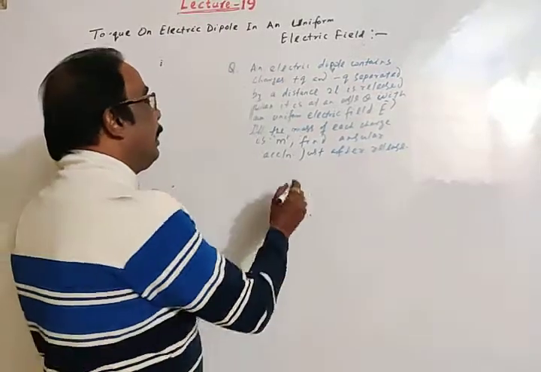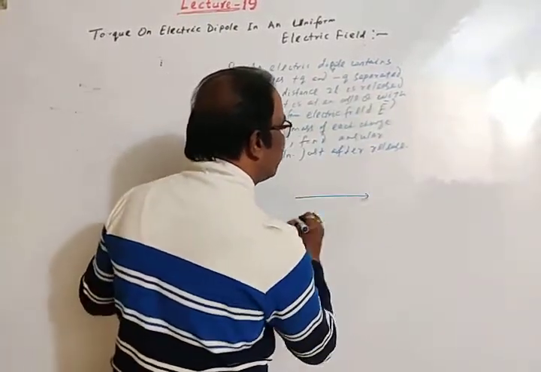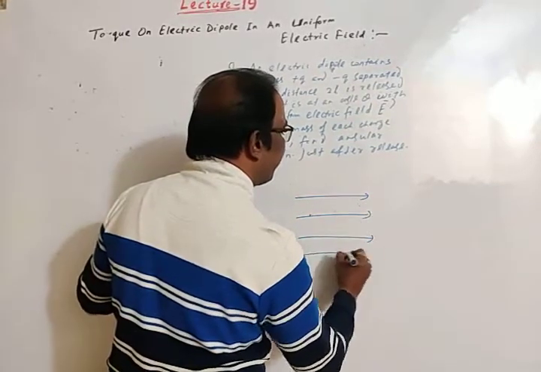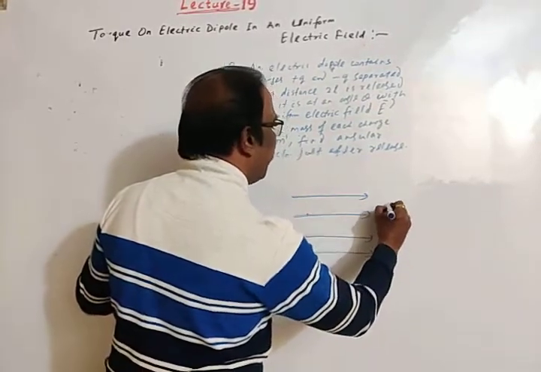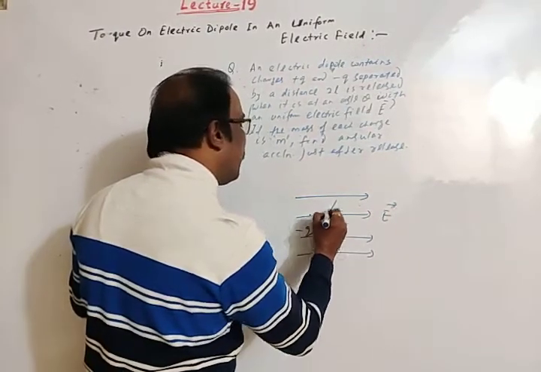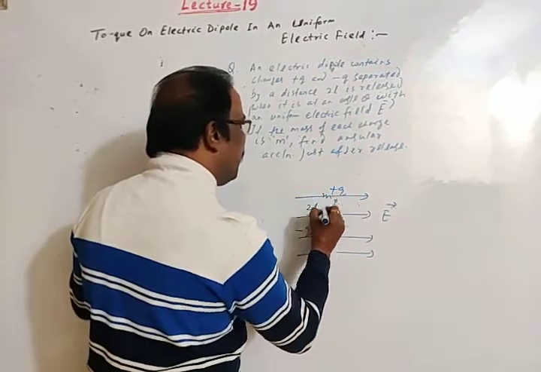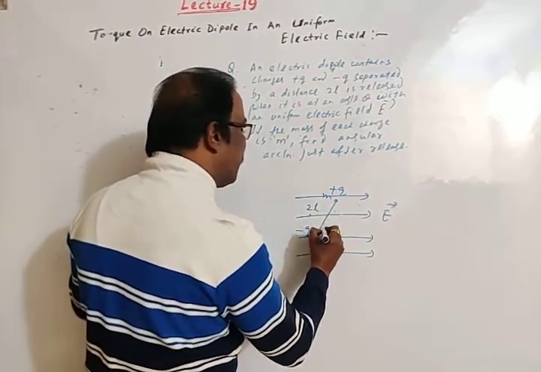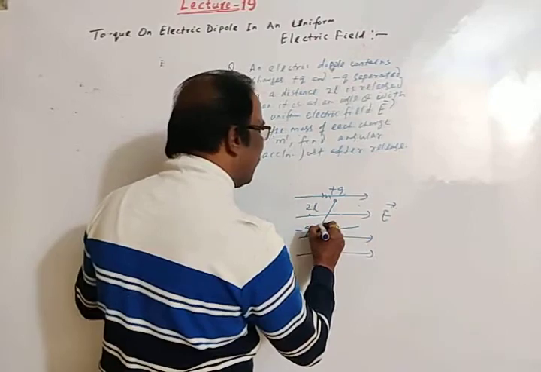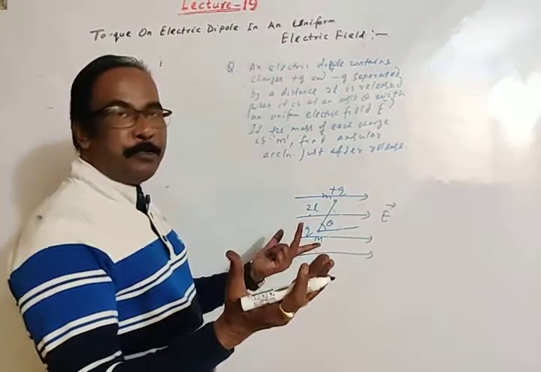Suppose this is the direction of the electric field. A dipole is held at this position. This is minus q, this is plus q, the distance is 2l, and the mass of each charge is m. When it is at an angle theta with the electric field, it is released.